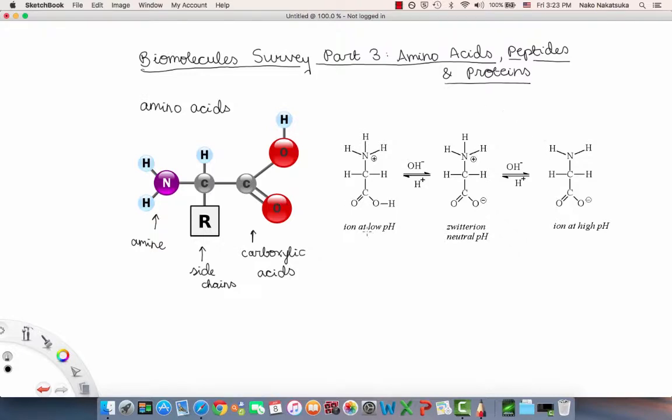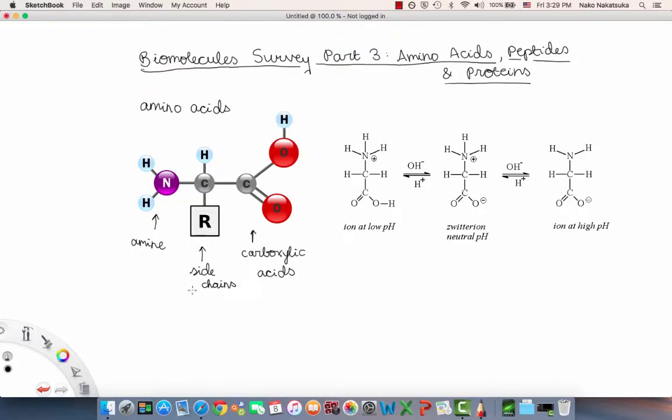I'm showing this in this diagram right here, where an ion at low pH would have a positive charge on the NH3, and then at a neutral pH, you would have a zwitterionic form, meaning that you have both positive and negative charges, and finally an ion at a high pH value would have a negative charge on the carboxylic acid group. The reason for this is because of the different pKa values.